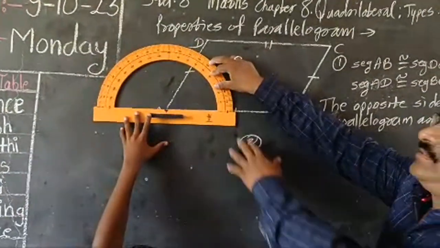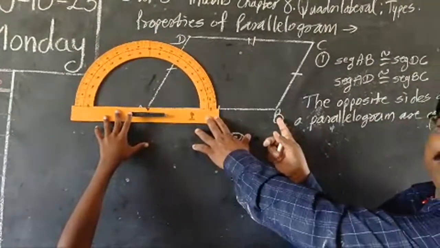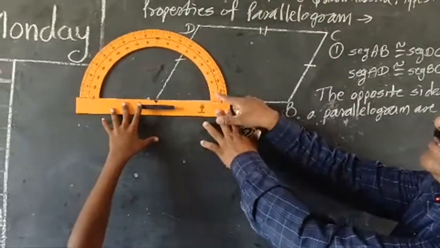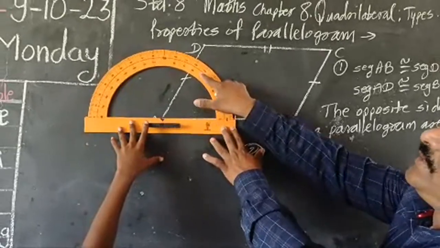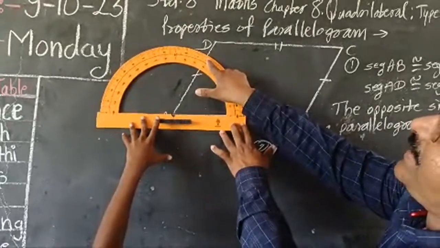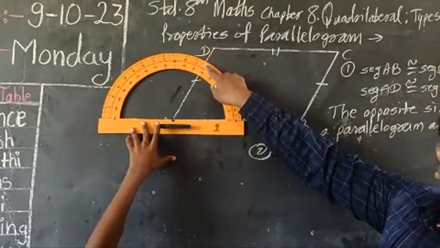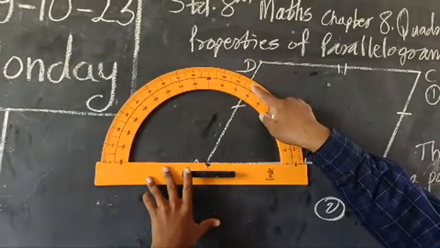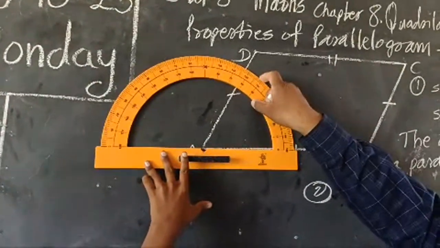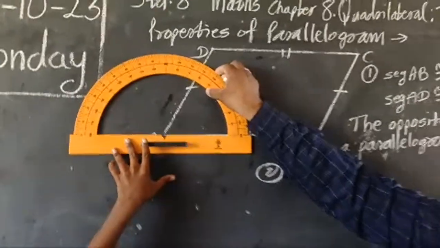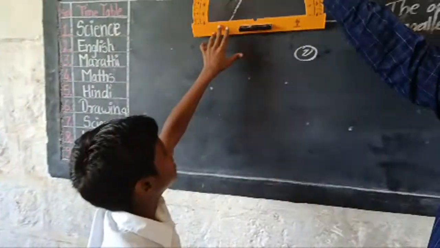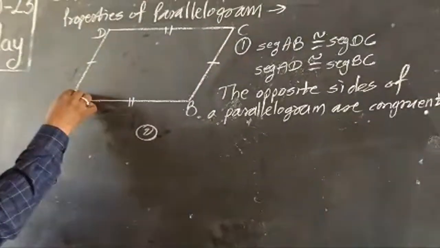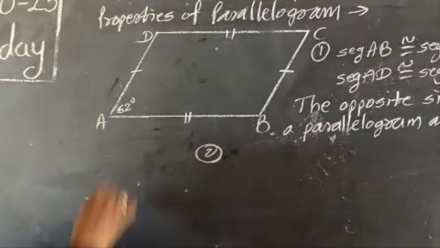Angle A measurement, and the other end is B. Start measuring from B: 0, 10, 20, 30, 40, 50, 60, and which line? Line number 2 here means the angle is 62. This angle is 62.